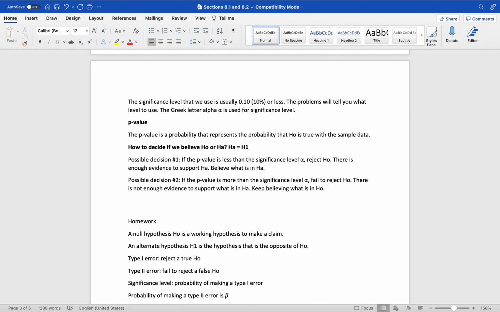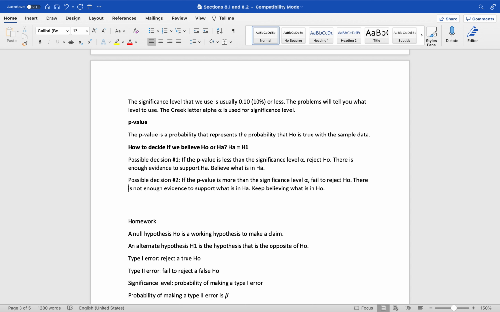There's enough evidence to support HA. Believe what is in HA. HA is the alternate. Possible decision 2: if the p-value is more than the significance level alpha, fail to reject. There is not enough evidence to support what is in HA.